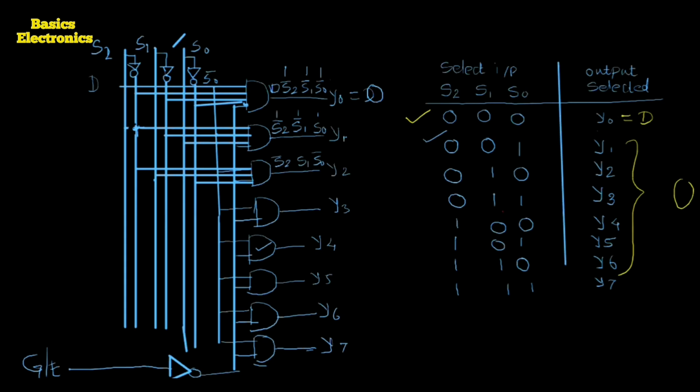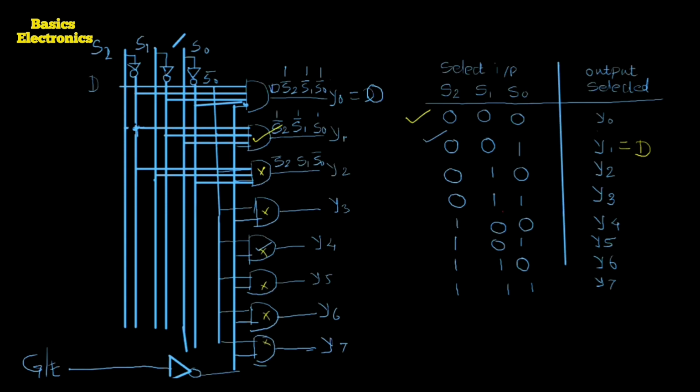Now if we apply the select input 001, at that time the data line is passed towards the output line Y1, meaning Y1 is equal to data line D and all remaining are equal to 0, meaning only the second gate is in enable condition and all remaining AND gates are in the disable condition.